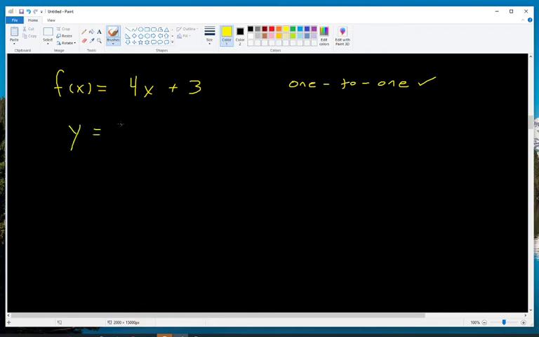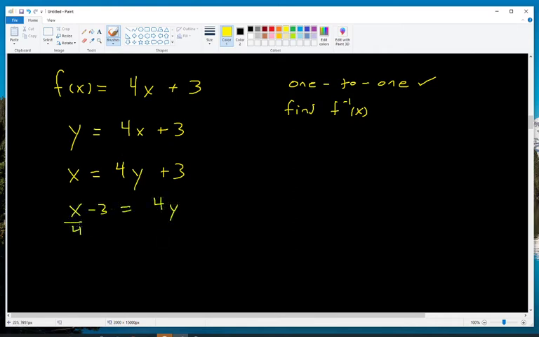So replace f of x with y. Oh yeah, we should say what we're trying to do. We're trying to find f inverse. So to find f inverse, replace f of x with y, switch the x and the y, solve for y. So the 3 subtracts across, x minus 3 equals 4y.